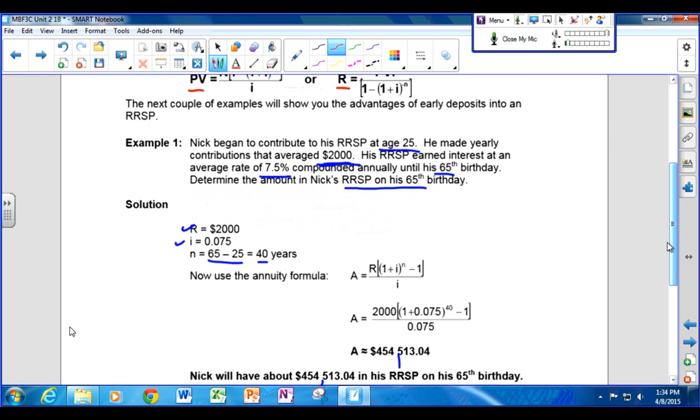So here's an example, and I think we went through these. All right, so Nick began to contribute to his RRSP. Now that's a registered retirement savings plan, a very traditional way of saving money for retirement. There are new types of plans, the TFSA. For a lot of people, that's a better deal than RRSPs in the long run.